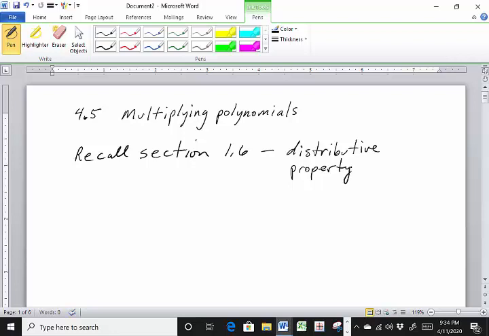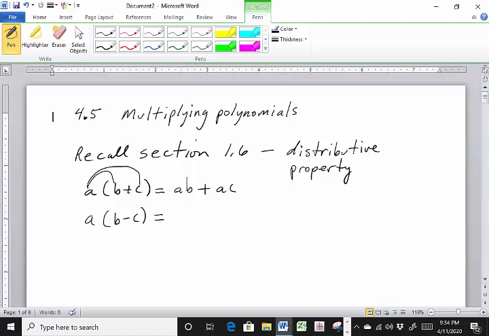And remember, if I just take A times (B plus C), I multiply A times B and I get AB, and this is over addition, so plus, and then A times C, that's AC. This would work the same way for the distributive property over subtraction.